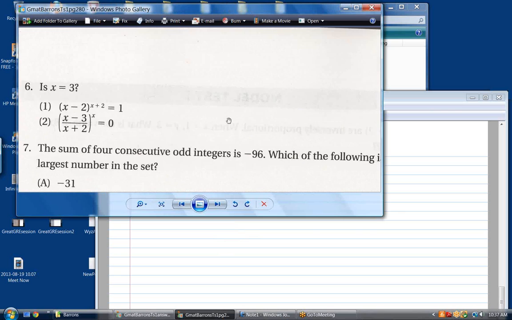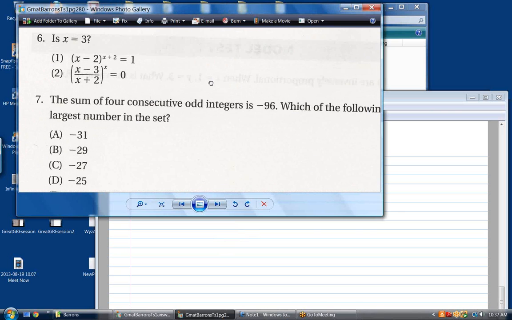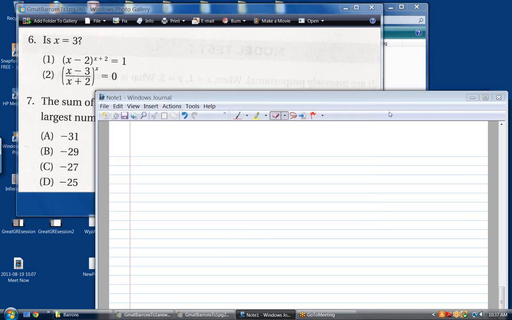Let's see here. Another data sufficiency. The worst thing about GMAT is if you try to go in and do nothing but data sufficiencies for an hour, it will demoralize you. I hate to say that, but that's what I've discovered after tutoring this stuff for so long. So it's only 25% of the test, I believe. Am I correct, the data sufficiencies?